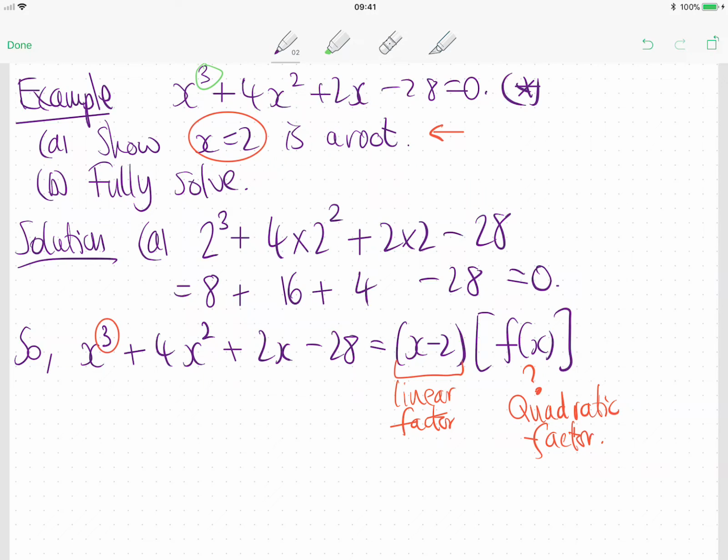So how are we going to do that? Well, there's two methods. You could say, well, this function f is some ax squared plus bx plus c. You could times it all out and try compare with the left hand side, or we could do some long division.